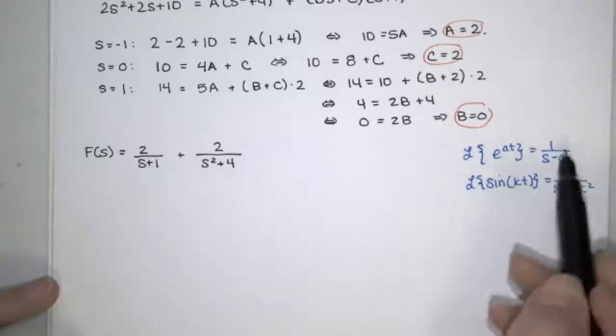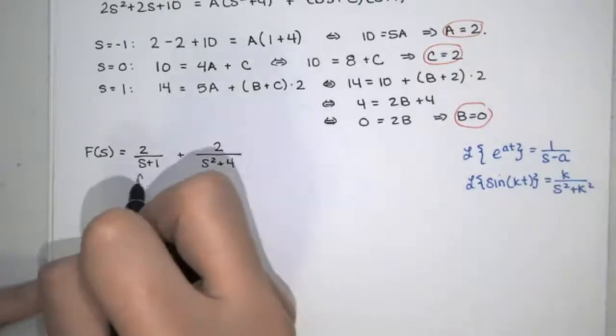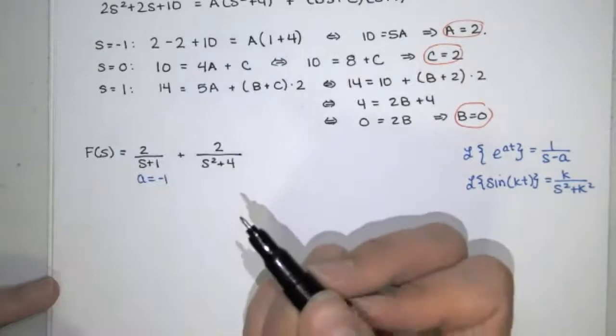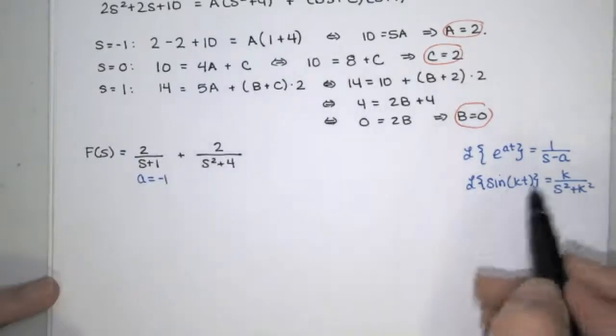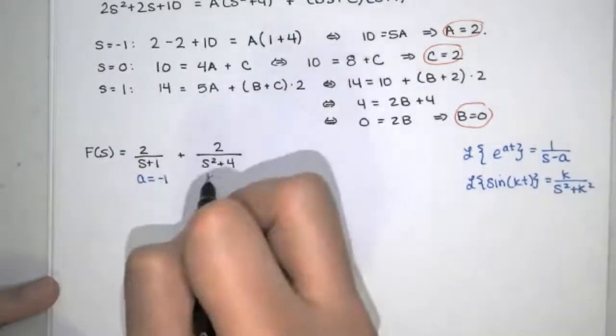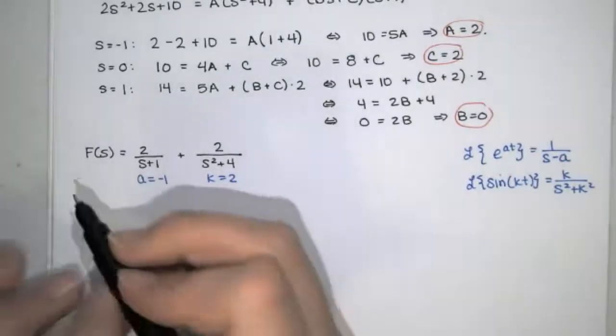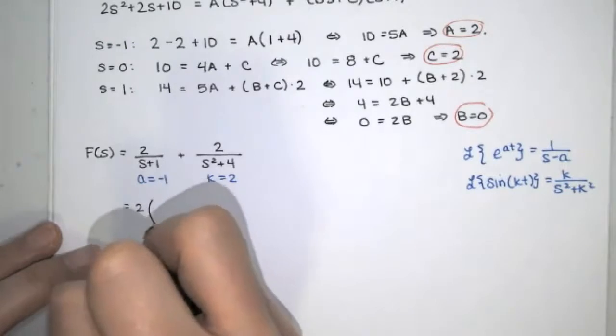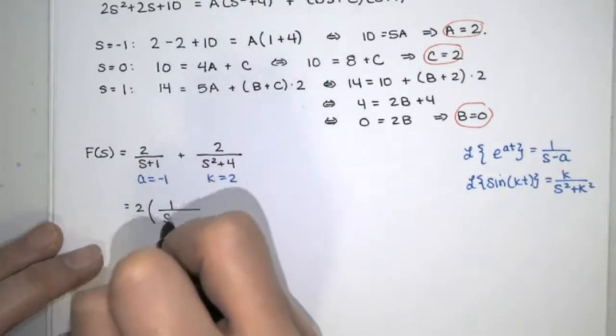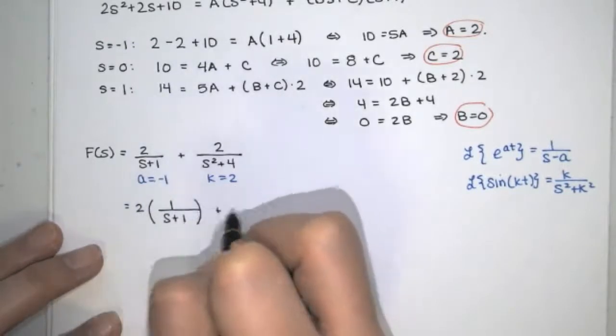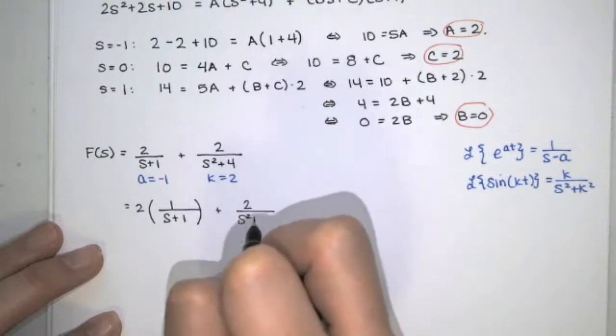So this looks like 1 over s minus a, where a is -1. And this one looks identical to this with k equals 2. Now this one's not exactly identical. We could factor out a 2. So that's 2 times 1 over s plus 1 plus 2 over s squared plus 4.